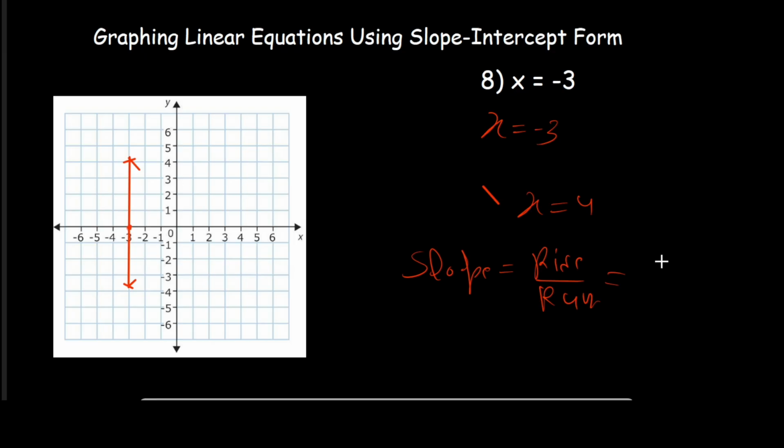So if the rise is 1, we have to divide by 0 because we don't have run. So 1 over 0 in mathematics means it is undefined. So the slope is undefined. It shows that it is the equation of a vertical line which has no slope.